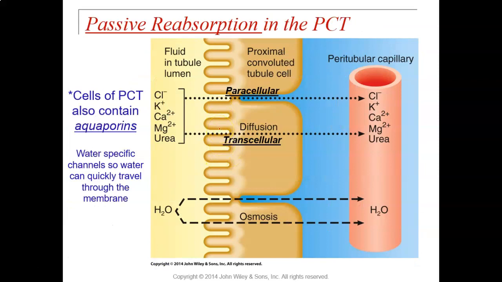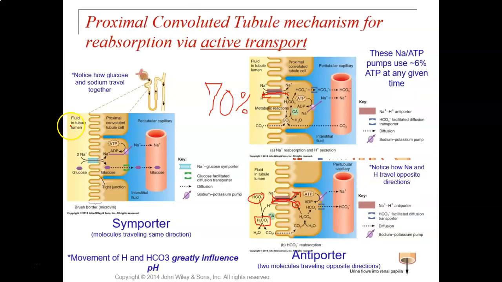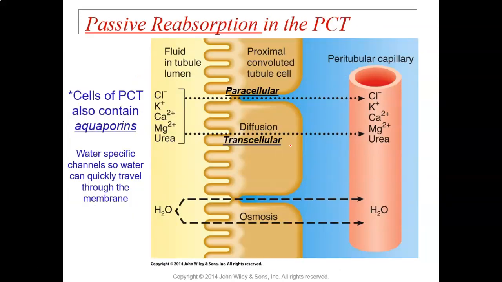So not all molecules are absorbed via active transport here. Absorption of glucose, hydrogen, carbon dioxide, carbonic acid, that's all via active transport. This is where we look at passive reabsorption.